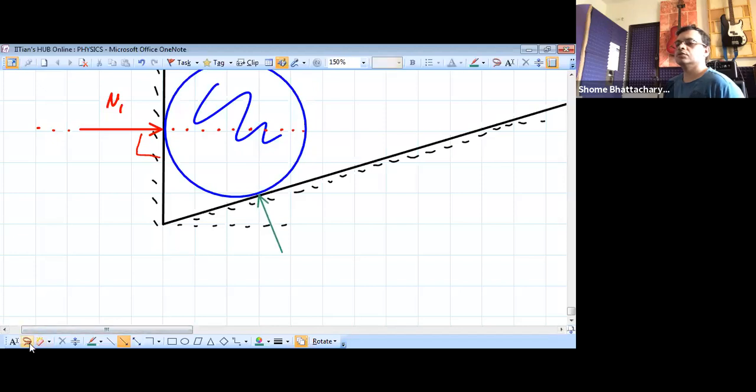It has to act along some line like this. That is this normal.